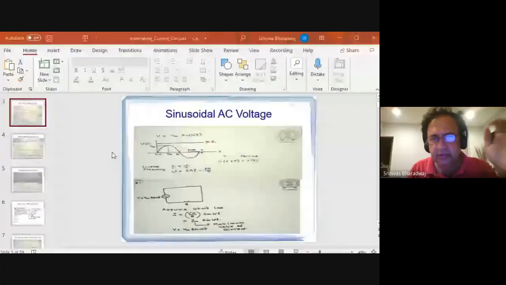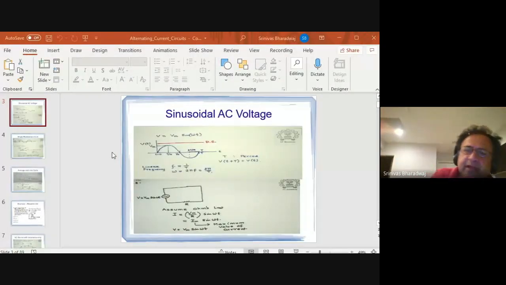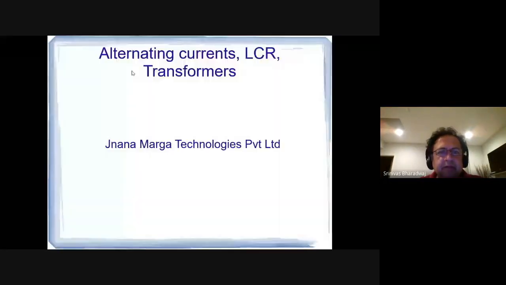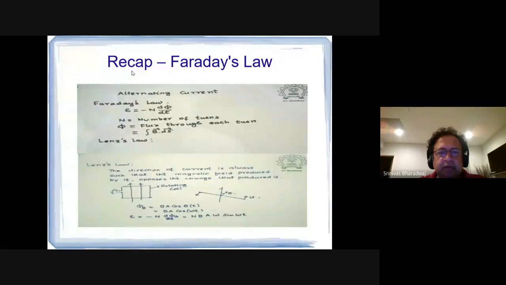So today we will continue with this discussion on AC circuits. In an AC circuit, we first started with a recap of Faraday's law and Lenz's law.